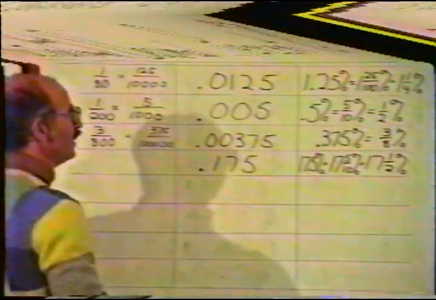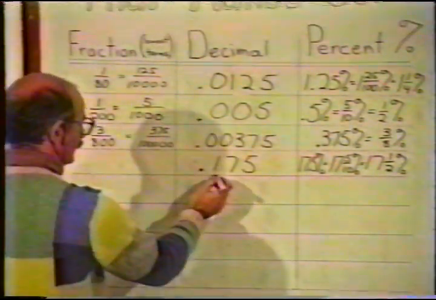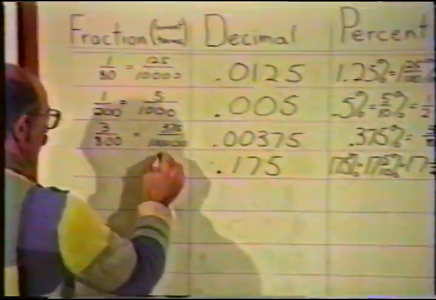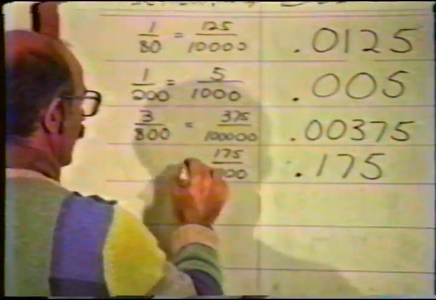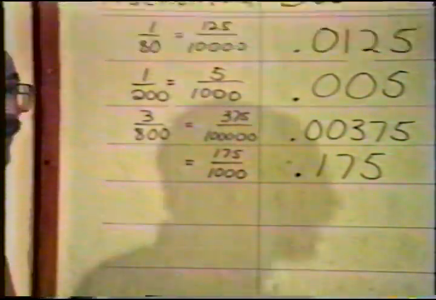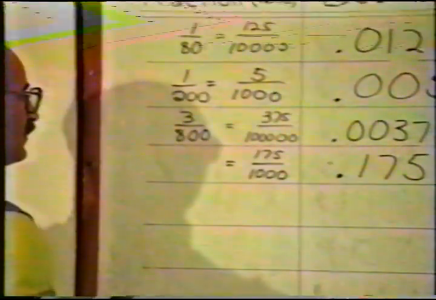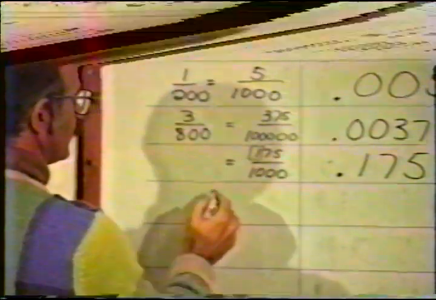0.175. Read that number to me. 175 thousandths. 175 thousandths. That one isn't so hard to reduce. What number would you like to hit them with? 25. How many 25s in the 100? 4.